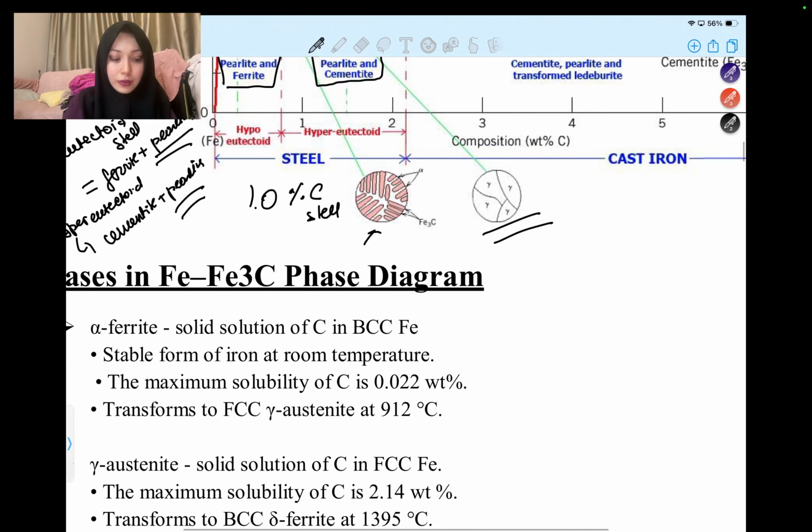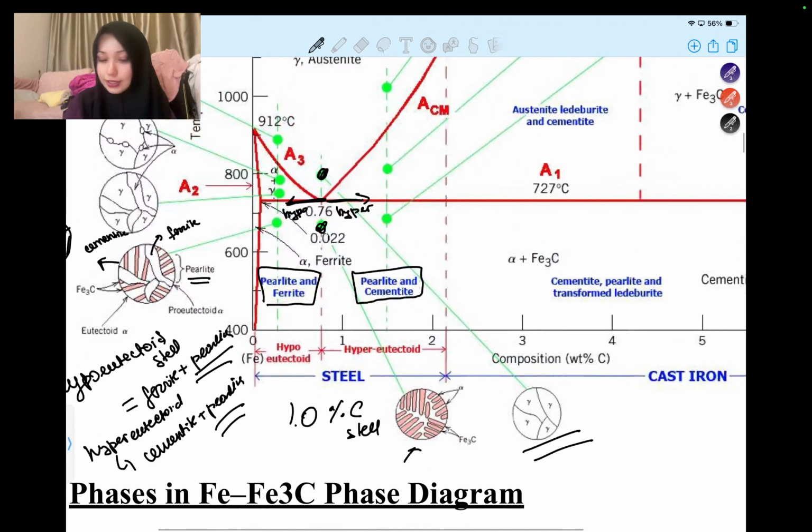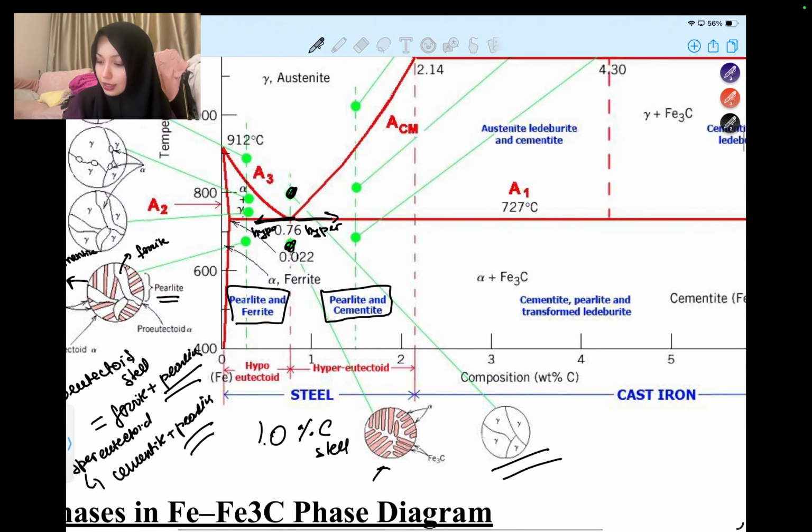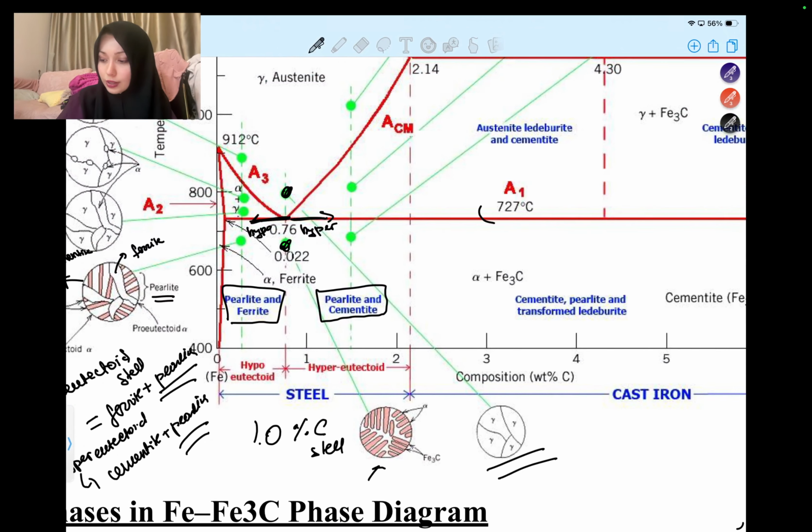And at high temperature, it is all austenite, and if it goes below this temperature, the cementite starts forming first. Okay, so as it cools, this cementite starts forming first, and this early cementite is called proeutectoid cementite. And at exactly this temperature, the remaining austenite transforms into pearlite.